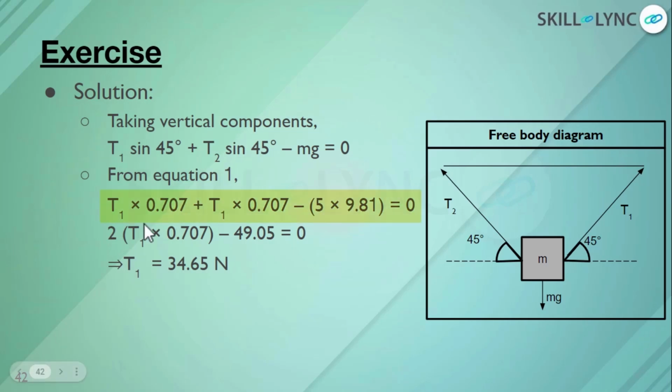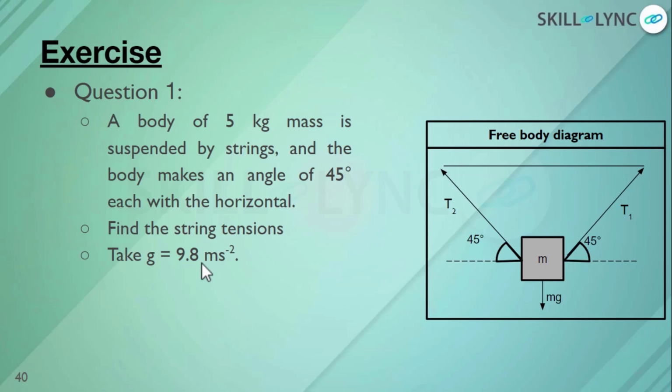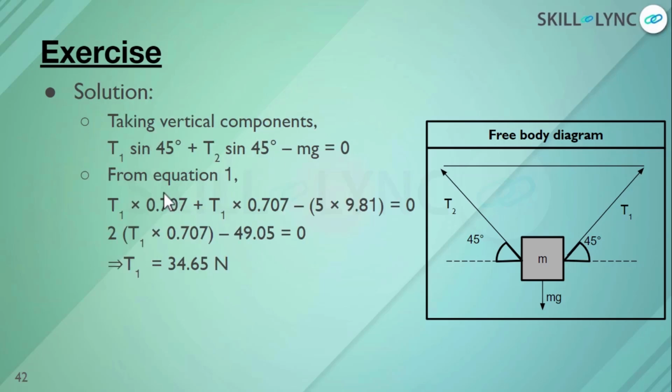Now, putting in values, we take sin 45 as 0.707 and acceleration due to gravity as 9.81, as provided in the question. Thus, T1 into 0.707 plus T1 into 0.707 minus mg, where m is 5 kg, so minus 5 into 9.81, equals 0.